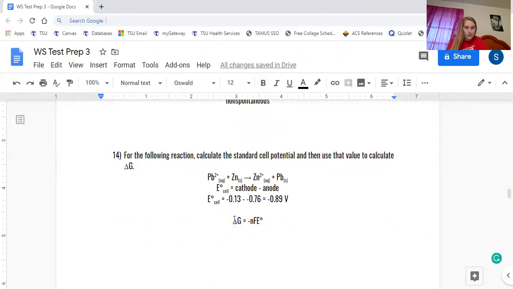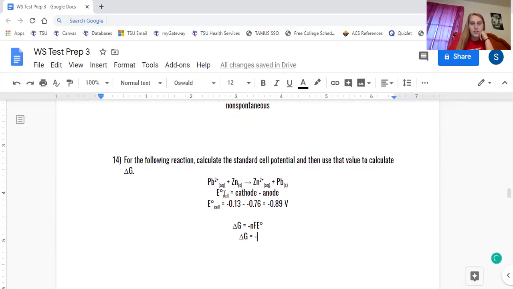So we need to find delta G. So negative, what is N? N is the moles of electrons that are being transferred. We're having 2 electrons transferred from here across to there. So that's going to be 2.